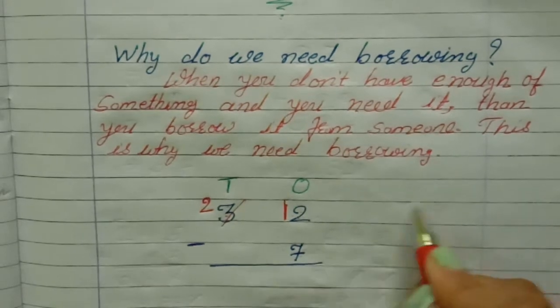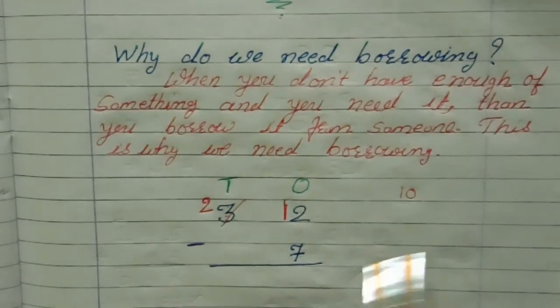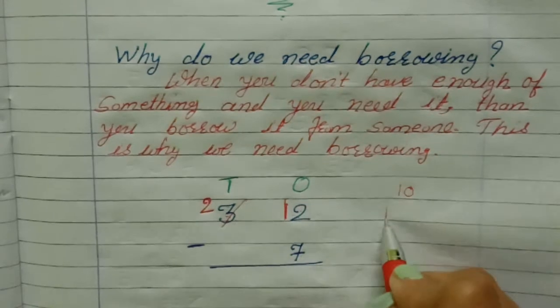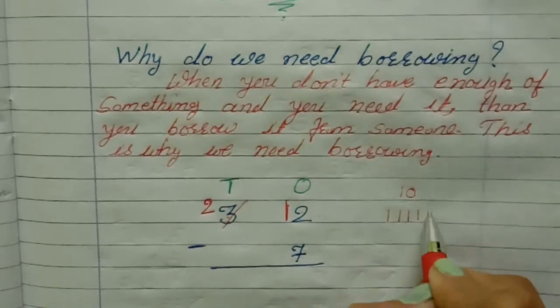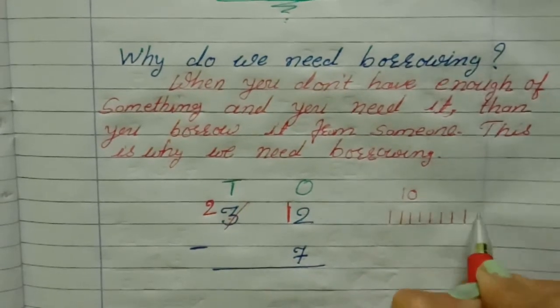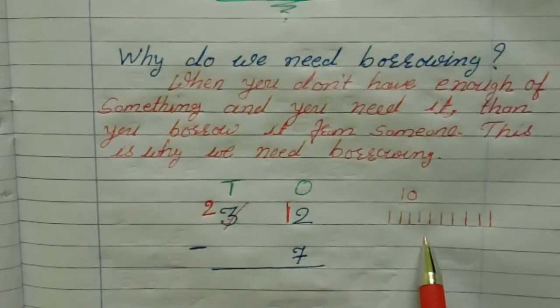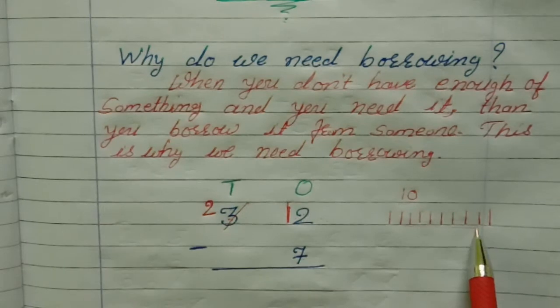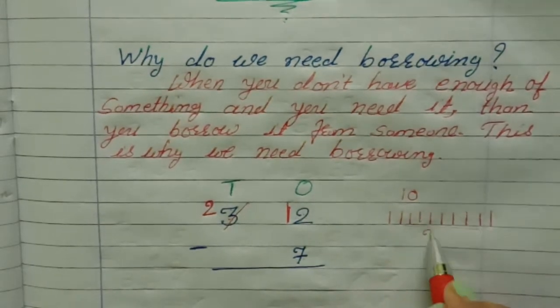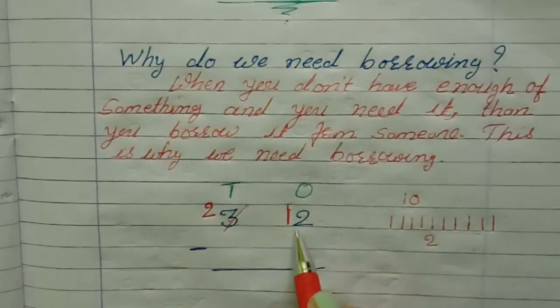How? 1 ten means 10 ones: 1, 2, 3, 4, 5, 6, 7, 8, 9 and 10. And 10 ones plus we already have 2. So 10 plus 2 is 12.